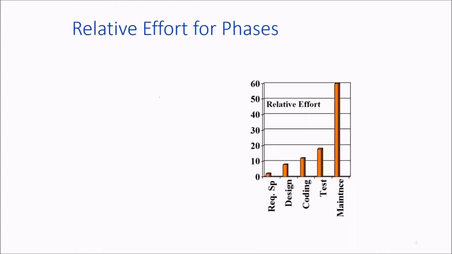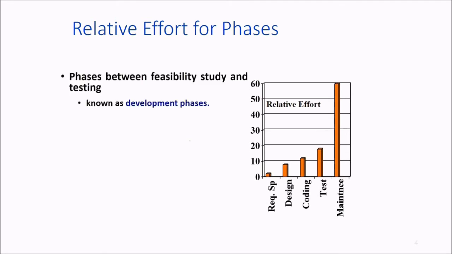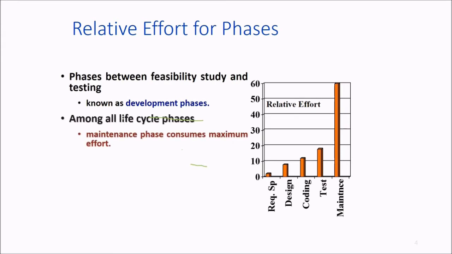This is the relative effort of requirement to maintenance. The phases between feasibility study and testing, we call them development phases. Among all the life cycle phases in the classical waterfall model, the maintenance phase consumes the maximum effort.